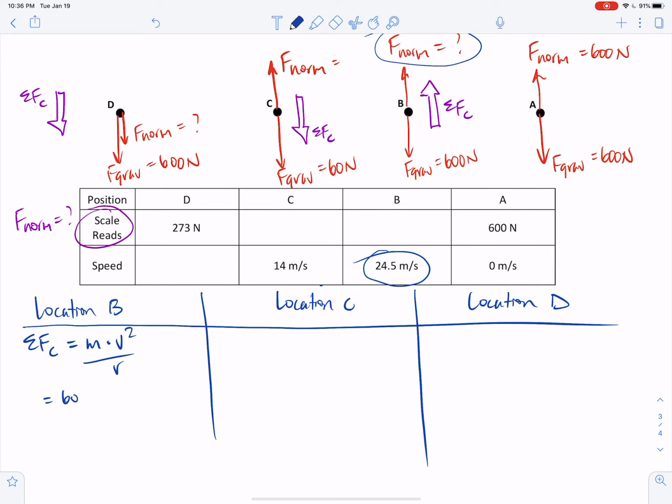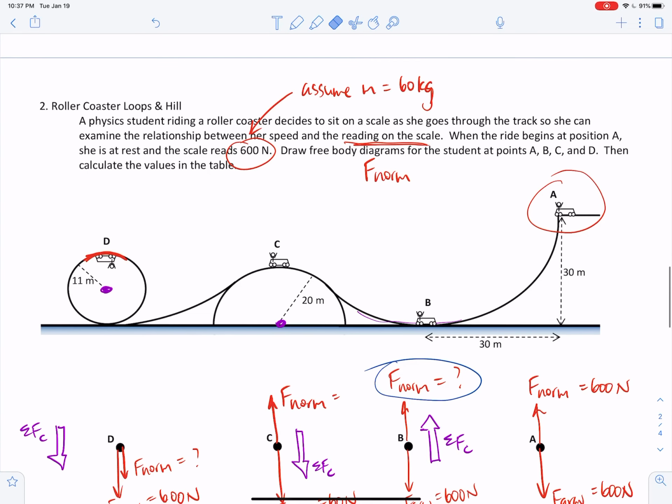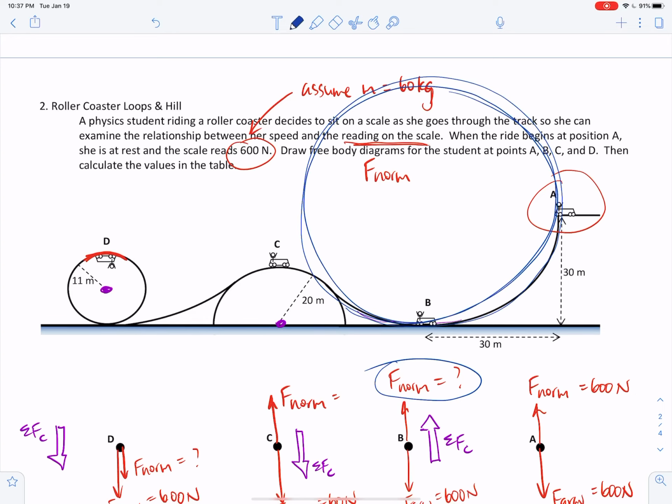Her mass is 60 kilograms. Her speed was right here, 24.5 meters per second. Don't forget to square that. And the radius of her circular path at location B, for that, I've got to go back up. What's her radius? Well, remember at location B, this is the circular path here, and the radius is the distance from here to here.